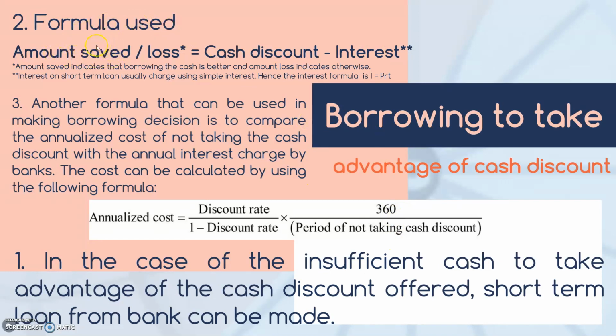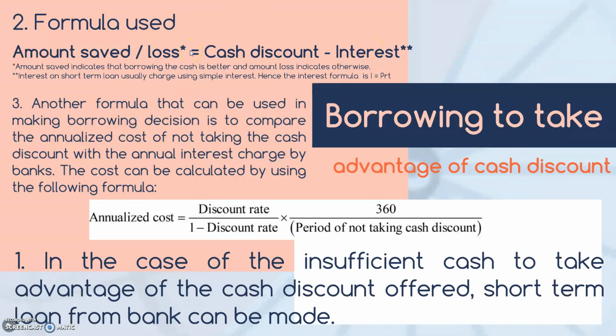If you get an amount saved, it means that borrowing is better. But if you calculate cash discount minus the interest and you get an amount loss, then borrowing is not better.